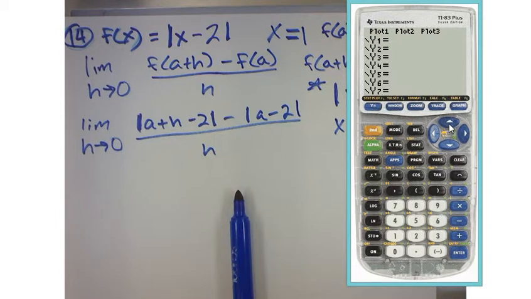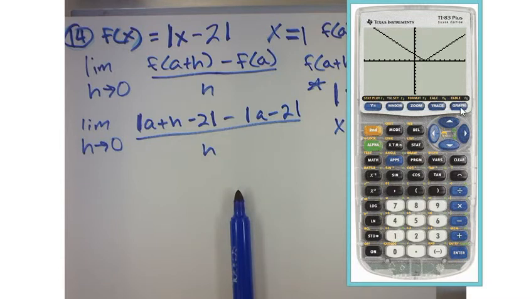This is very typical of what you will do on your AP Calc exam. I have the absolute value of x minus 2. Now the problem with the absolute value of x minus 2 is there are some issues. One is we can't take a derivative at a cusp.